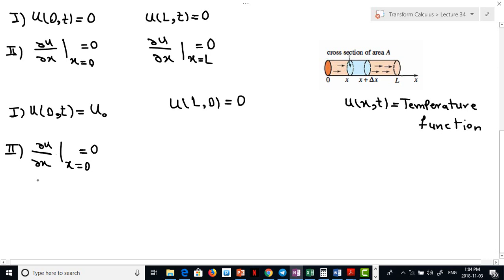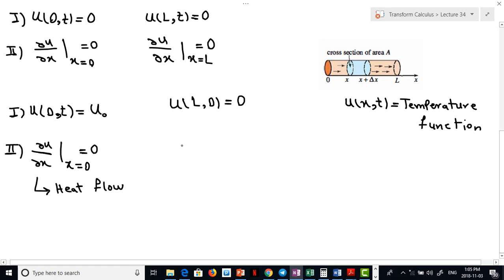So what does it mean? The derivative of u with respect to x is in fact the heat flow. If the derivative of u with respect to x, for example at x equal to 0, is equal to 0, it means that at x equal to 0 we don't have any heat flow, so it means that the rod is insulated at x equal to 0.